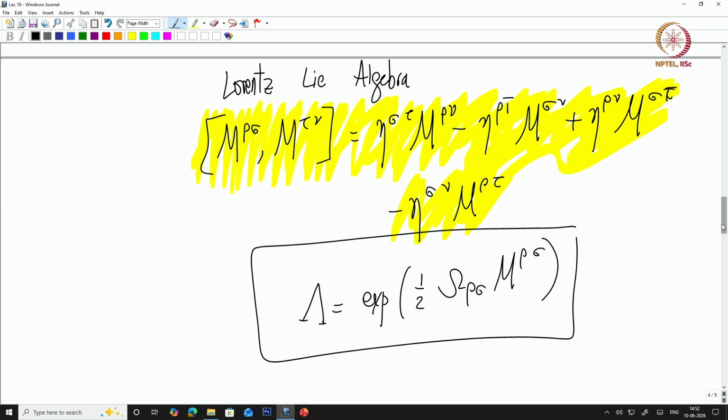So this is the exponential, this is called a Lie algebra. This Lie algebra is a group theoretical factor, a group theoretical way of understanding Lorentz transformations.